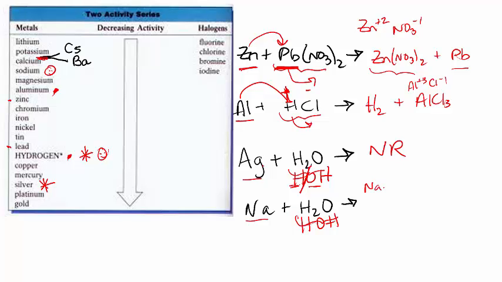So we would want sodium with a +1 to be bonded with hydroxide. So it's going to look like this, and then that means hydrogen is getting kicked out, and it's diatomic, so we need to put H2. It doesn't matter if you put the compound first and the element second, or the element first and the compound second.